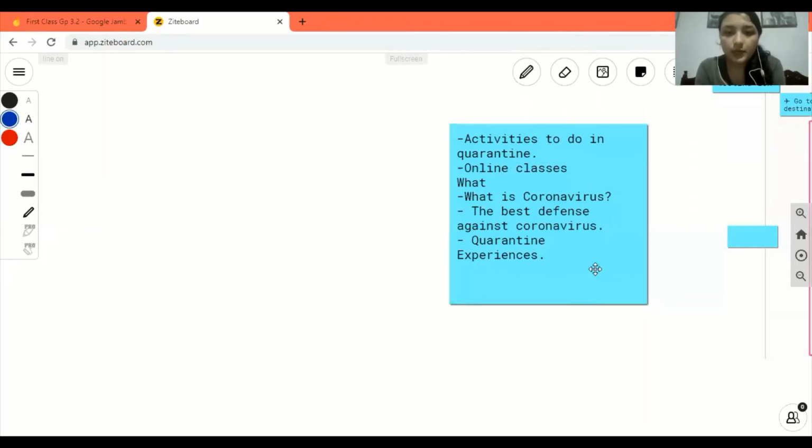Okay, some of you asked me for some examples of topics. There are some examples that you can use in your articles as the headline: activities to do in quarantine, online classes, what is coronavirus, the best defense against coronavirus, or quarantine experience. I chose these topics because it is a topic that we are actually living right now, and it's relevant, and you have a lot of information and experience to share.